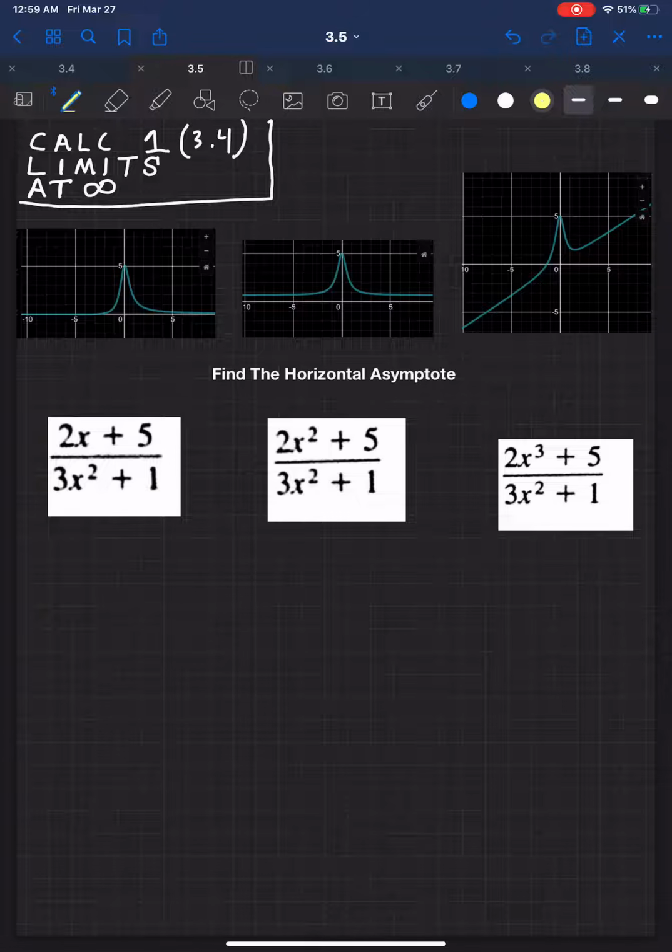And let's find the degree of the, actually, I'll write this right beside it. So the degree of the numerator, the degree of the denominator. We're going to do this for each of them. Change my color here. Okay, ready?